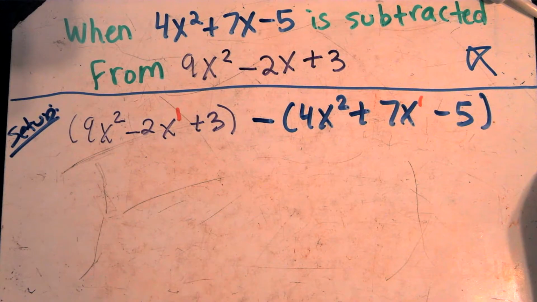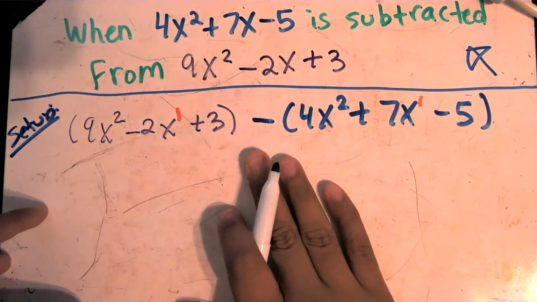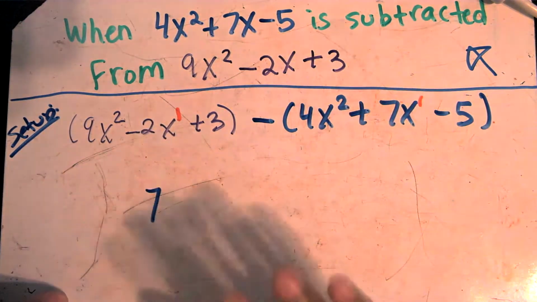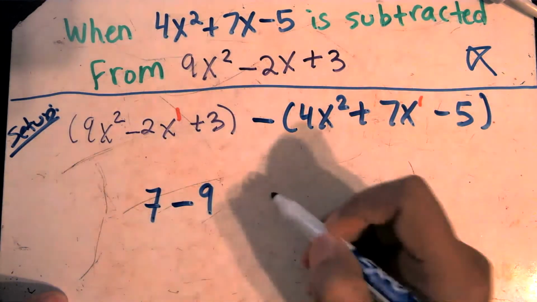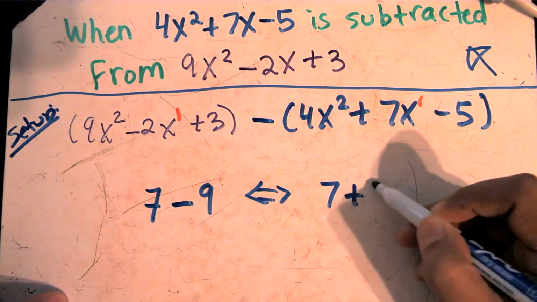So there are a couple of ways to do this, but the way that we do it in our class is by converting this subtraction problem into an addition problem. Now that may seem weird, but think about it. Let's just again look at numbers. I know that 7 minus 9 is the same thing as 7 plus negative 9.